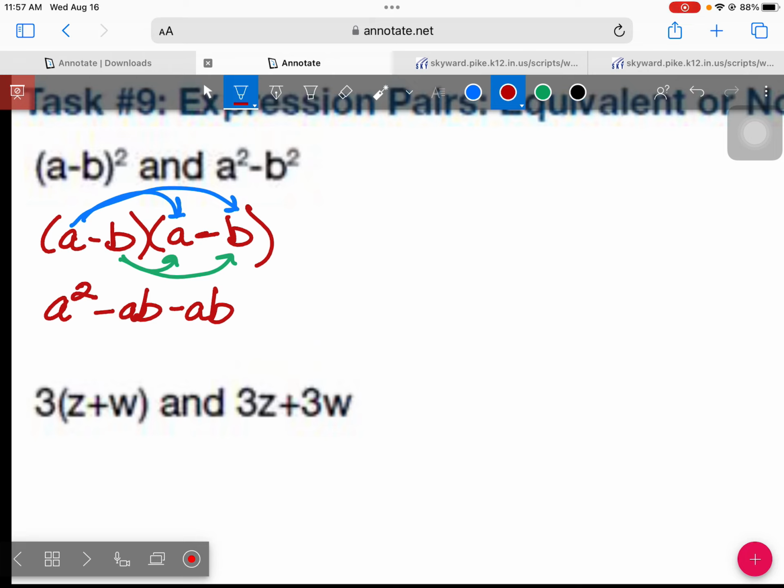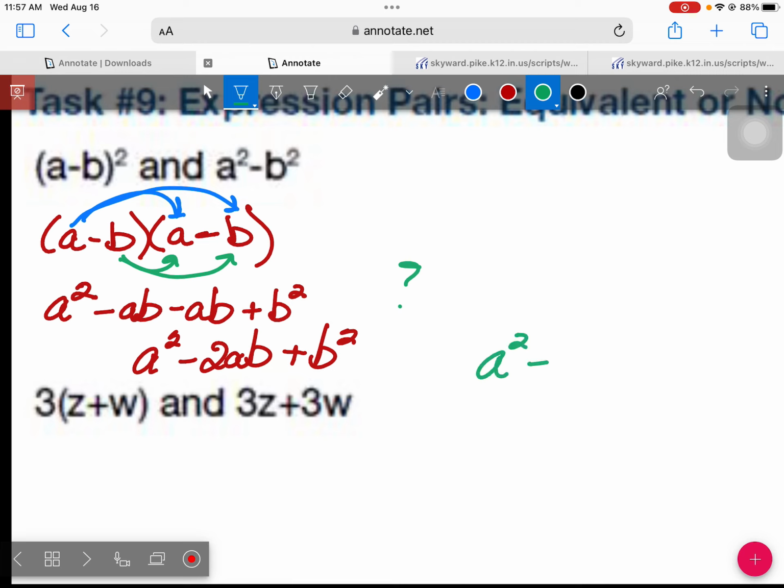And negative b times negative b is plus b squared. So if you simplify, a squared minus 2ab plus b squared. Is that the same as a squared minus b squared? It is not.